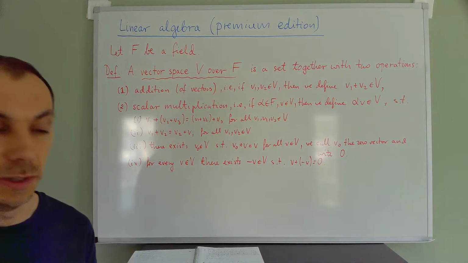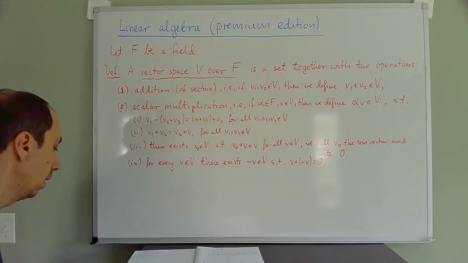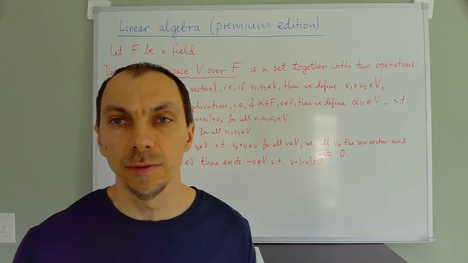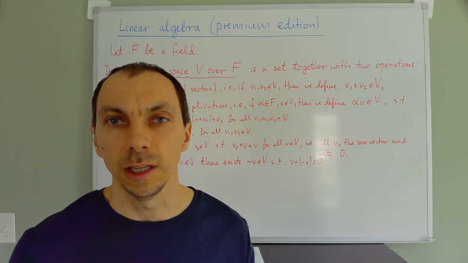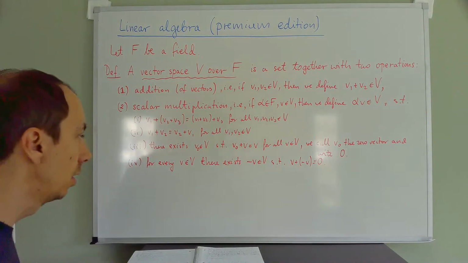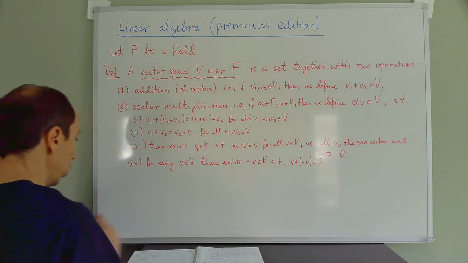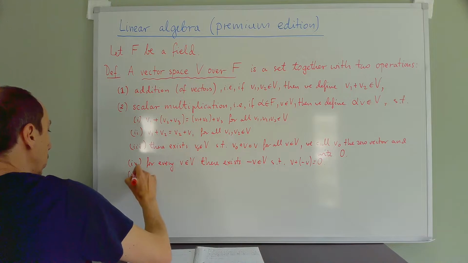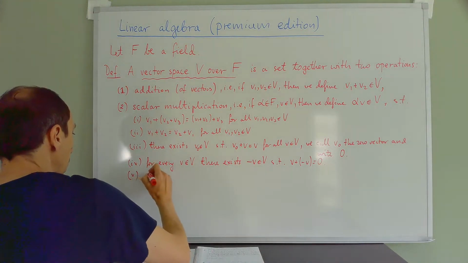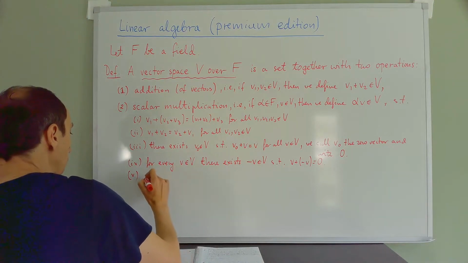That's of course the additive inverse. So far, as you see, all these 4 axioms do not involve anything that refers to the field F. Now the rest of the axioms, 5 through 8, will actually talk about the connection between the elements of F and the vectors. So I have the following.